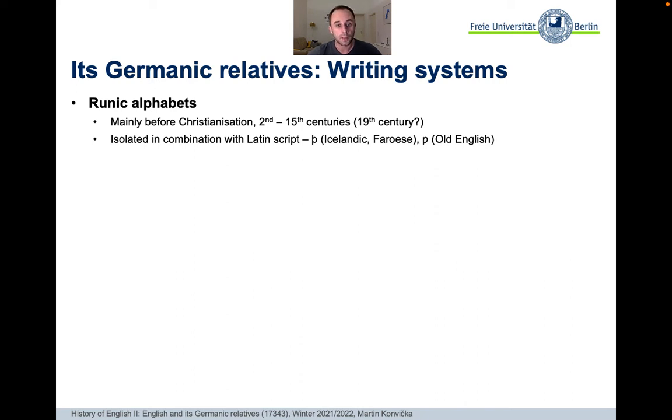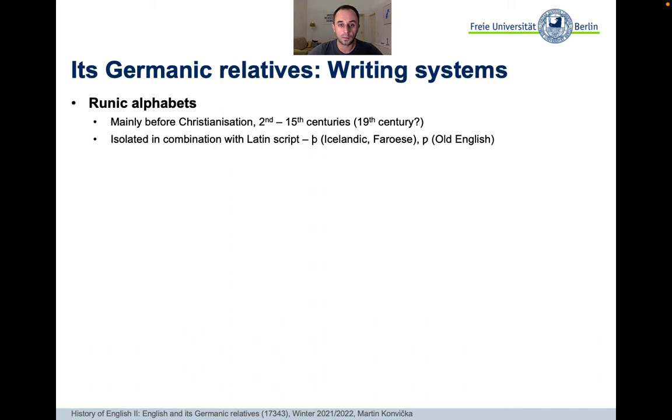It might be possible that those 19th century Norwegian runes are a different tradition. Nowadays, some runic symbols are still used and combined with Latin scripts, and we can, for example, find the letter thorn, this runic symbol, still used in Icelandic and Faroese.